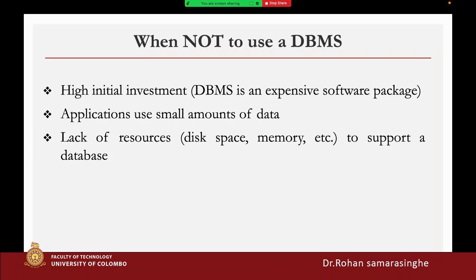And lack of resources like disk space, memory, etc. to support the database. Nowadays, that can also be solved using data centers. Unless you have the servers and supporting staff, you can store the data in data centers or the cloud environment and pay rent for the data you stored there.